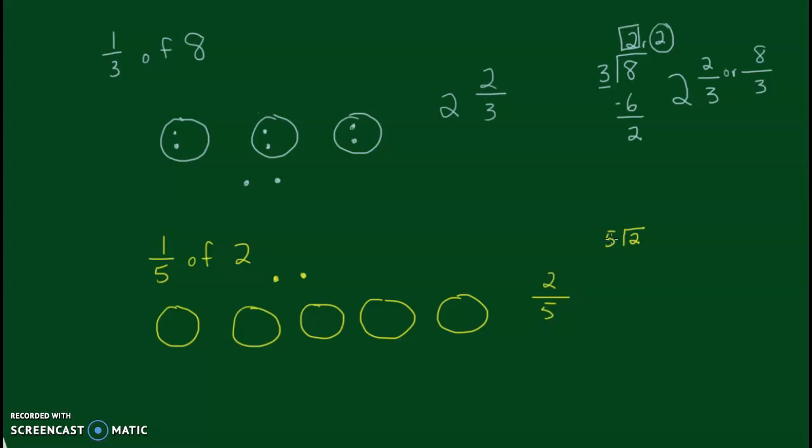We have not practiced that yet. But if we think about writing this division problem as 2 divided by 5, or 2/5, that gets us straight to our fraction answer. So either strategy is acceptable. You can draw pictures, or you can work out the division problem, or write the division problem as a fraction.